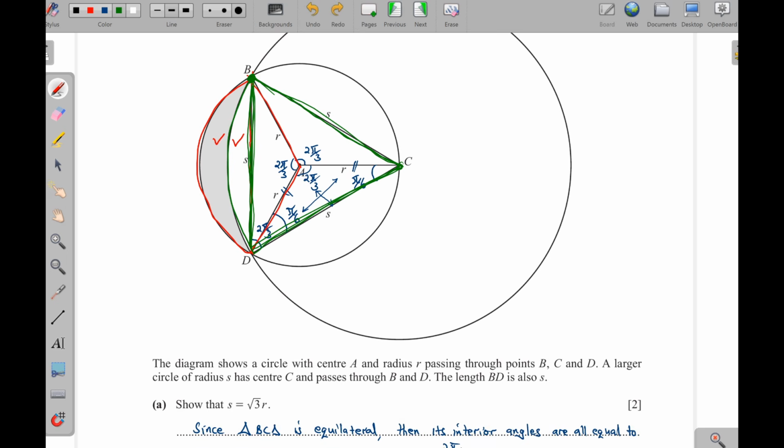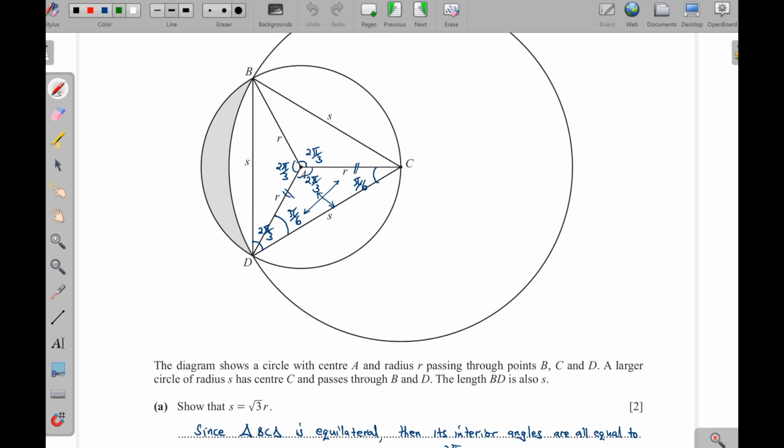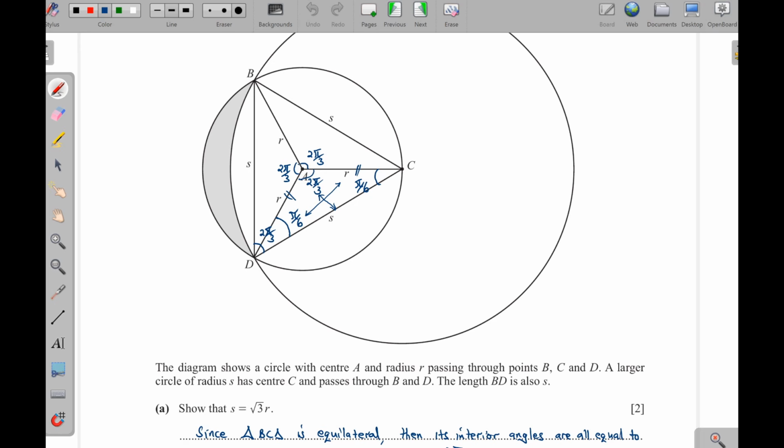So now we are beginning with the area of this sector BAD. Let's go find. Now you know also that the area of the sector is a half r squared theta. So the area of sector BAD is a half times r squared, where r is the radius for this smaller circle.